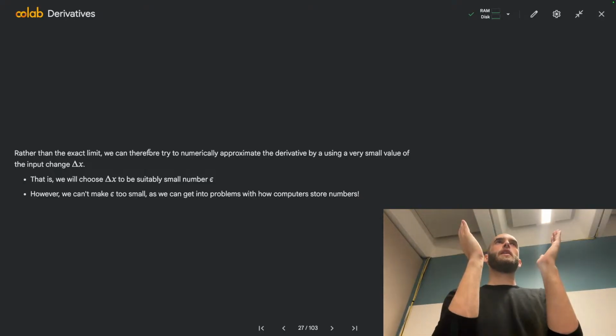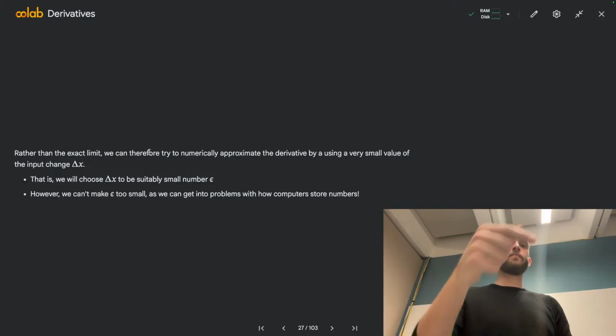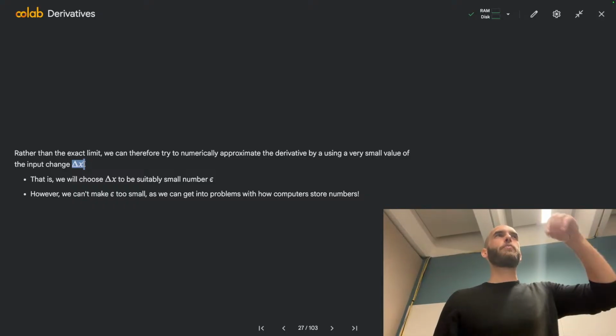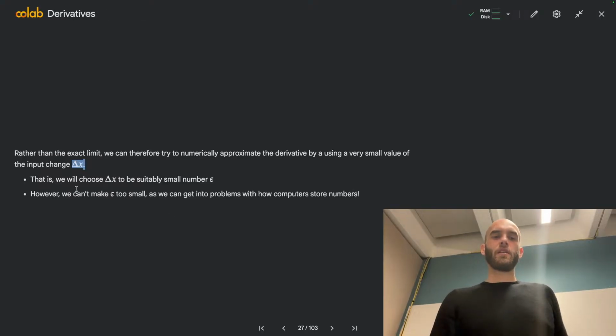Instead of sending them to 0 with a limit, we're just going to use a very, very small value of delta x. So almost like the pre-limit definition. We're going to do essentially this, but with a very, very small value of x.